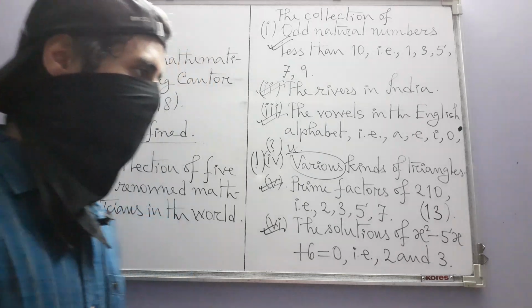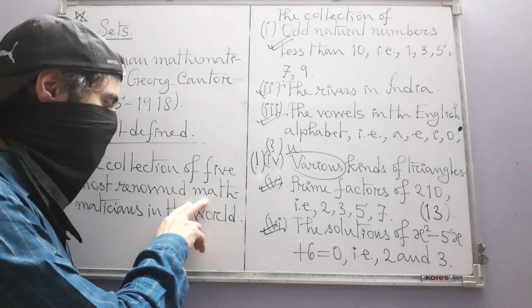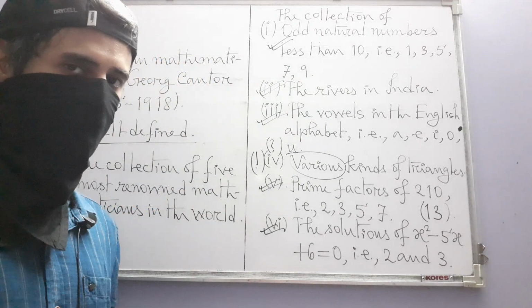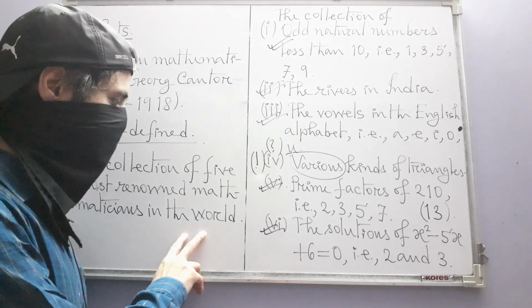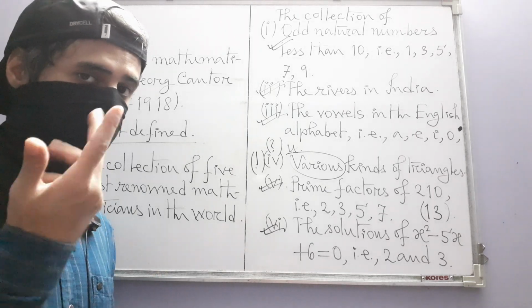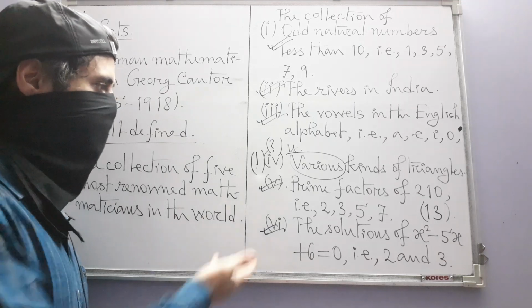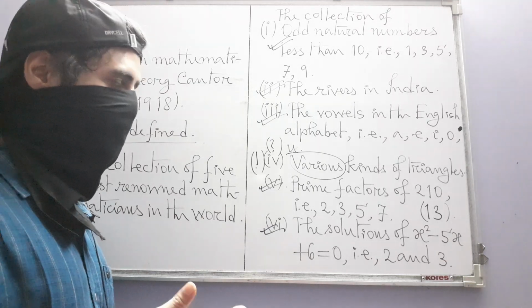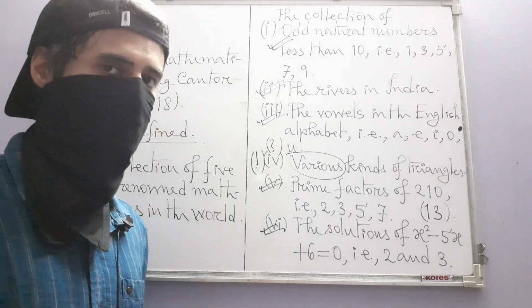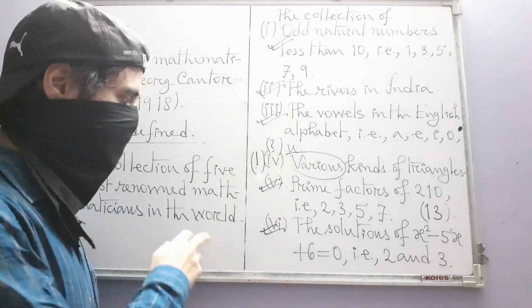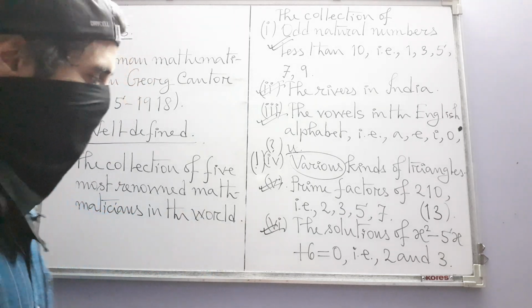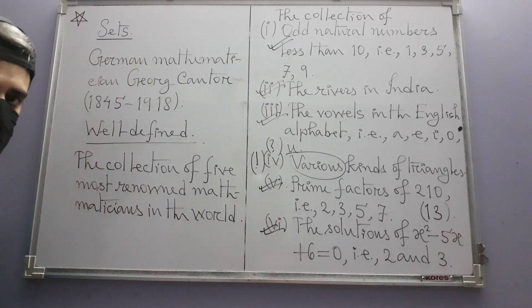For example, I would like to say that Ramanujan belongs to this collection, and very few people will refute me because he is a well-known mathematician. But if I want to include someone who is well known but in a small region, then that will become debatable. That's why this collection is not well defined.